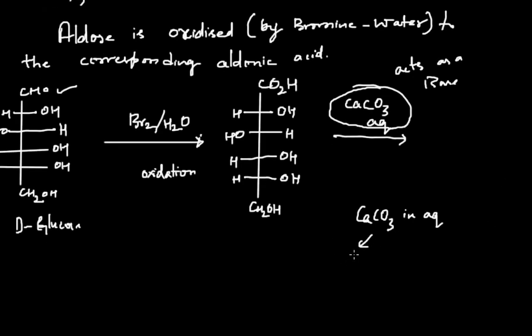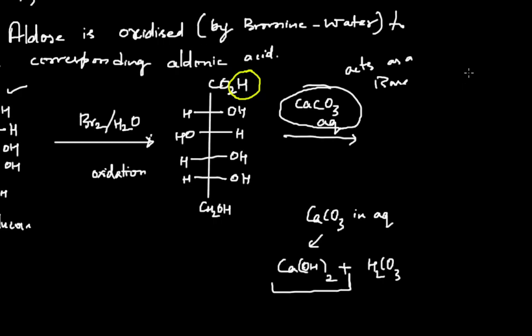Okay, it's a salt, no doubt, but it's a basic salt. It breaks down to Ca(OH)2 plus carbonic acid, H2CO3, and now this base, the OH minus from here, takes away the acidic proton, and what you get is your anion.